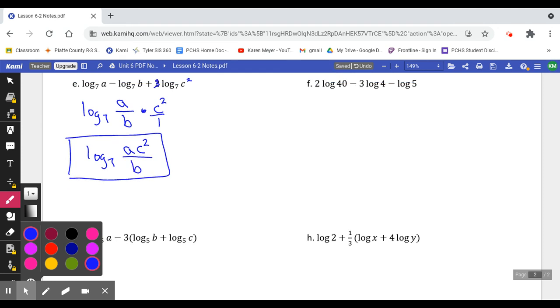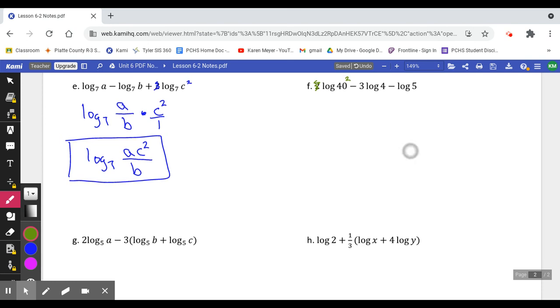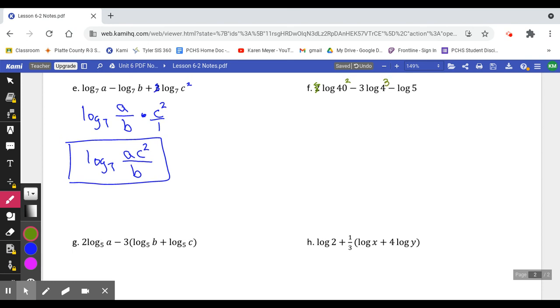All right, next one. I'm going to move my 2 up as an exponent for my 40. I'm going to move my 3 up as an exponent for 4. Okay, and then subtraction. So I got log of 40 squared divided by 4 to the third power. 40 squared is 1600 divided by 4 cubed, which is 64.